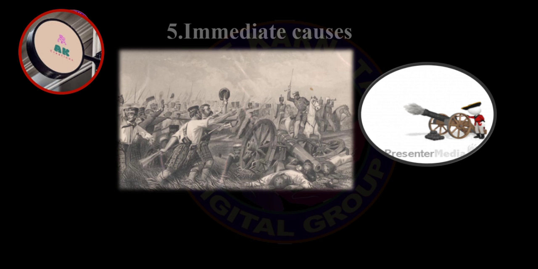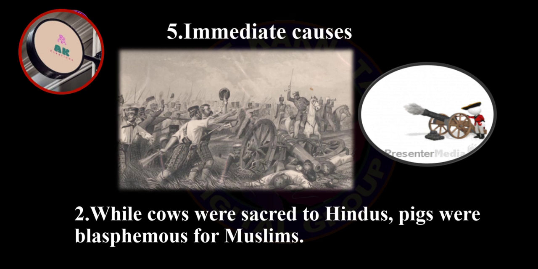Next, when cows were sacred to Hindus, pigs were blemishes for Muslims. So when each and everyone got to know that this is what the Britishers are doing, they thought, okay, we have to speak about it, and they started raising their voice.